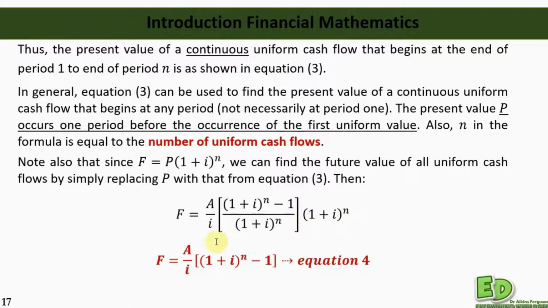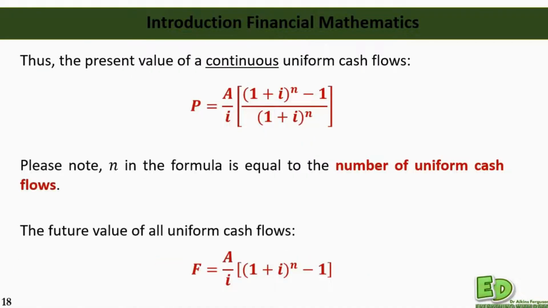So this one will cancel this, and what is left is that the future value of a uniform cash flow is equal to A over I multiplying 1 plus I raised to the power n minus 1. And that is the formula for the future value of a uniform cash flow. Thus, the present value of a continuous uniform cash flow is this formula, and the future value of a uniform cash flow is also this formula.